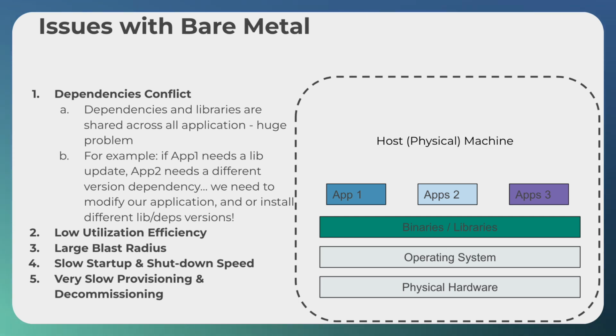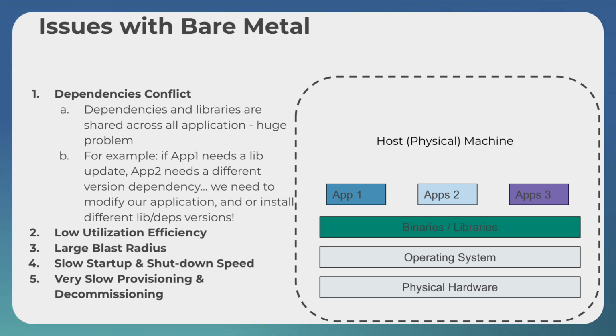And with that, of course, we will have very slow startup and shutdown speeds, because the whole system becomes very slow when trying to shut down and start things back up, because again, we're sharing everything. All the applications have to share resources. And it's also very slow to provision and decommission applications that may be running, because it's difficult to create and instantiate more host machines.